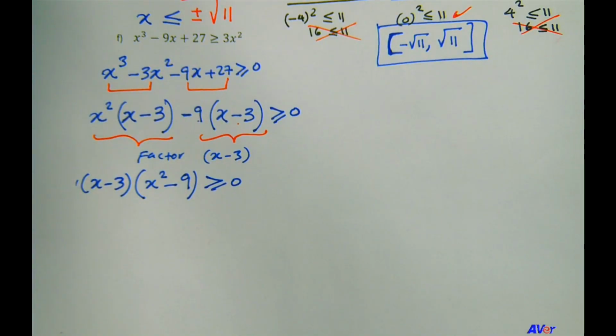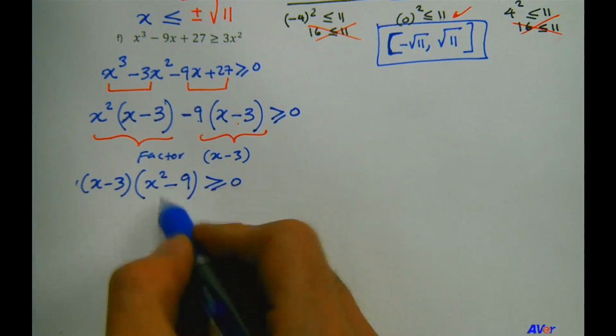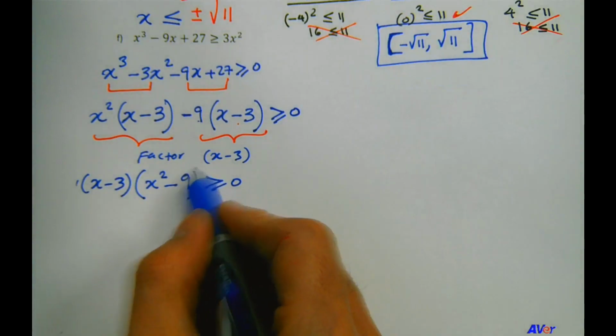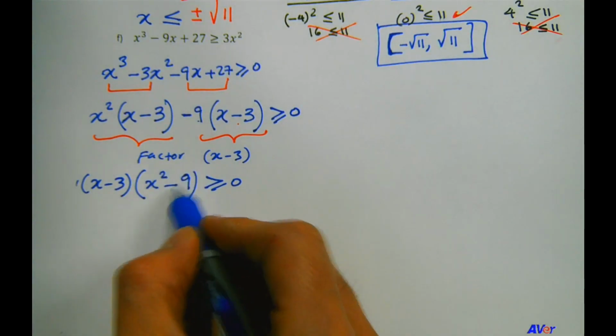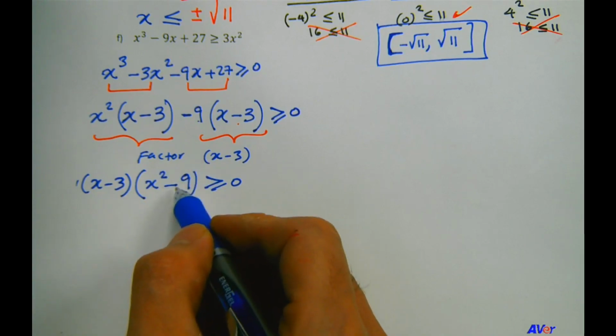Can we stop the factoring there, or can we do more? What do you think? We can factor more, right? If you notice, this second parenthesis is x squared minus another term squared. So it's a perfect square minus a perfect square. So we have a special product formula for this, right? Which I've asked you to memorize, please.